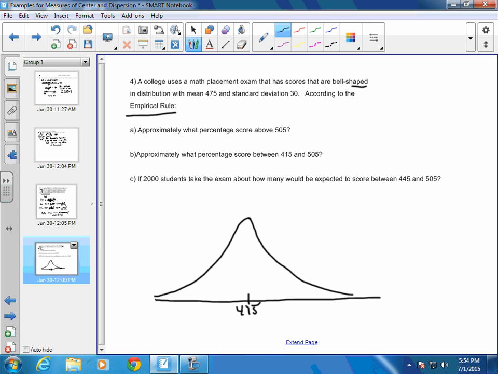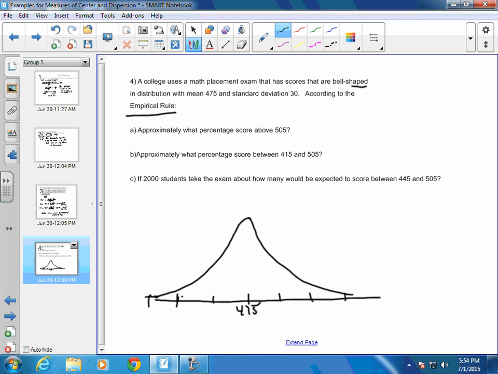Typically, if we make 1, 2, 3 tick marks, the third tick mark on both sides should take us to where the graph is virtually indistinguishable from the number line. By the time you get to 3 standard deviations, the curve is basically on the number line.